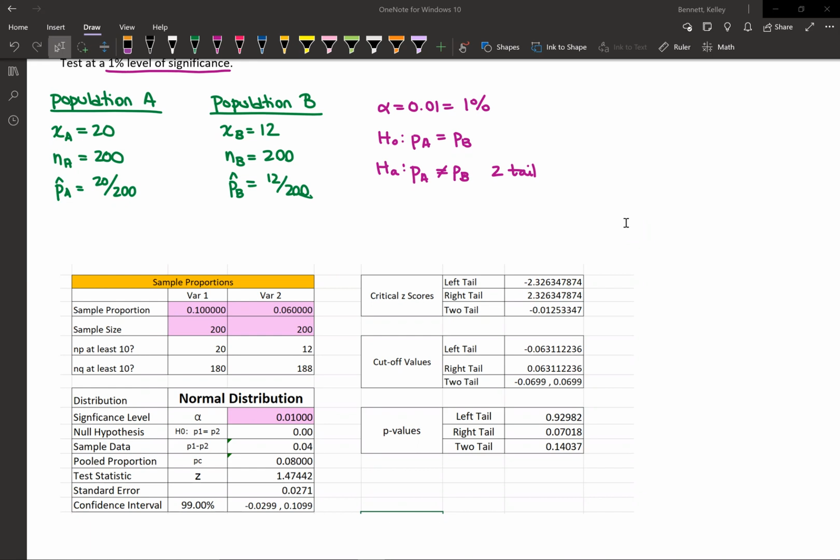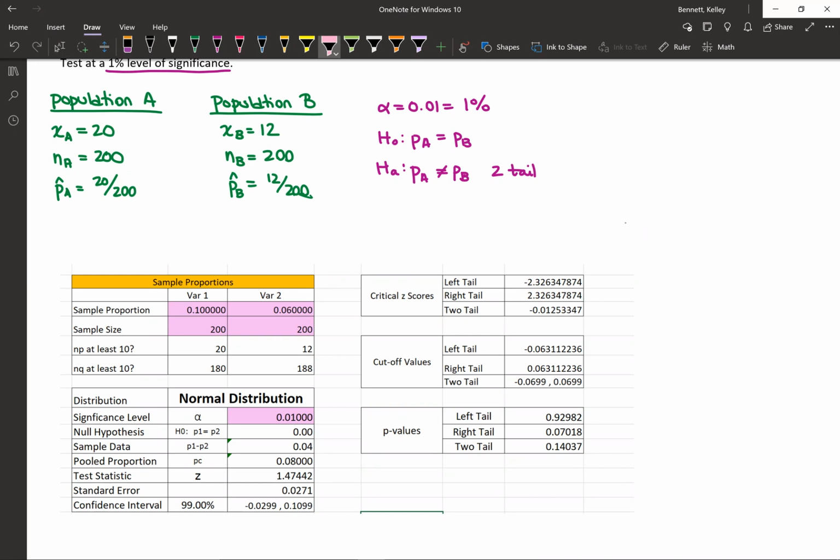So it's not like this crazy weird out in the boonies, out in the tails thing. So my first thought is, I probably won't be able to reject the null hypothesis because the confidence interval I created based on our sample captured the 0. However, if you want to be more formal with it, let's just go to the p-values. We know we're doing a two-tailed test.